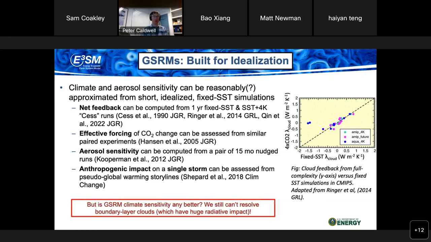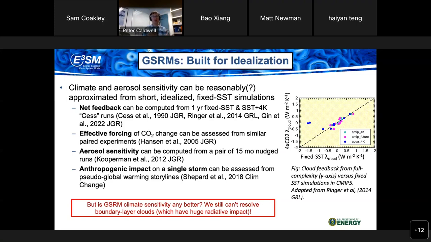So what happens with current climate, then what happens when you increase the SST by something like 4 Kelvin everywhere. It gives you a pretty good sense of the net feedback. You can do a similar thing to get your effective forcing from greenhouse gases, your aerosol sensitivity. So you can really understand a lot about your model from short simulations.